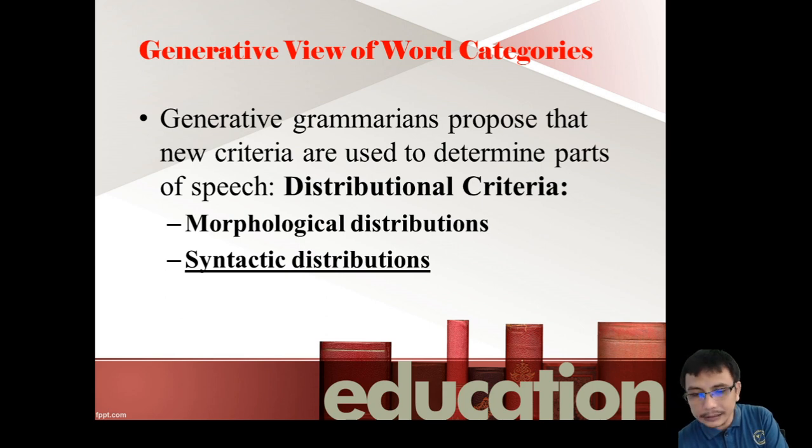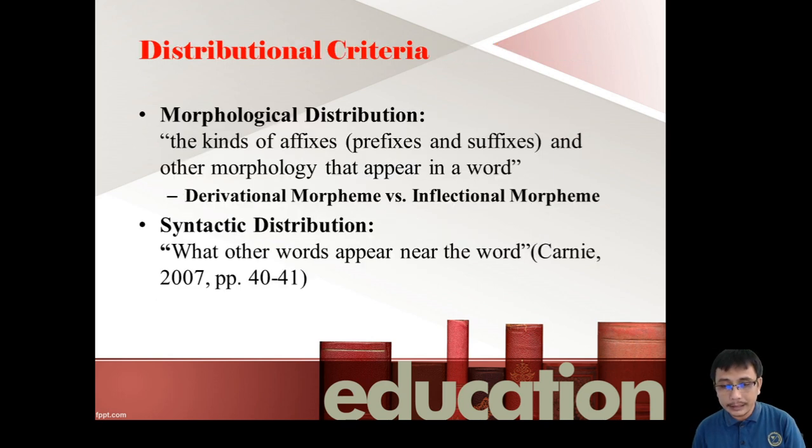So according to generative syntacticians, word categories can be best determined by the so-called distributional criteria. There are two distributional criteria, which are morphological and syntactic criteria. Let me explain one by one. Number one is morphological distribution.